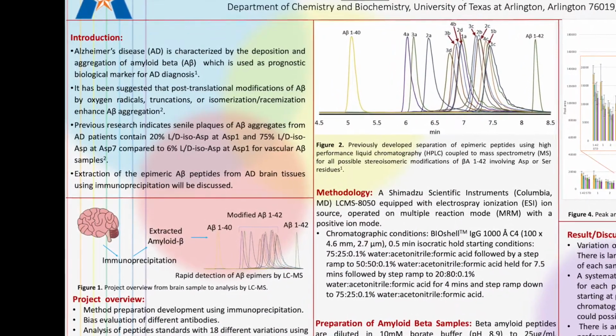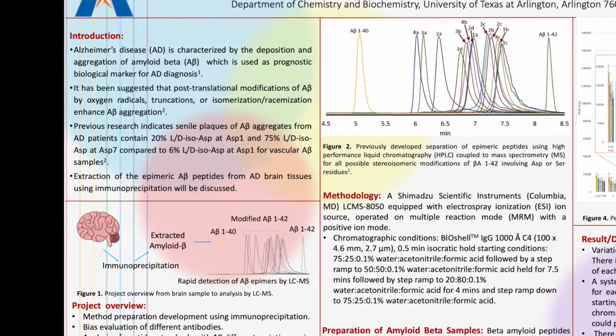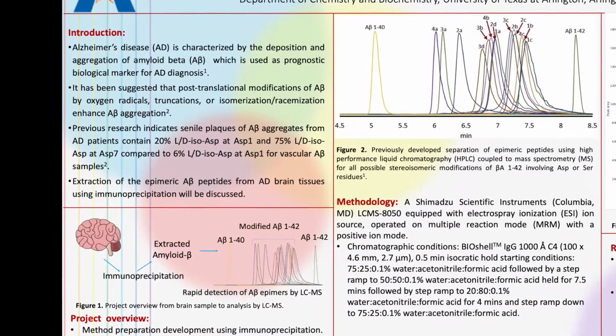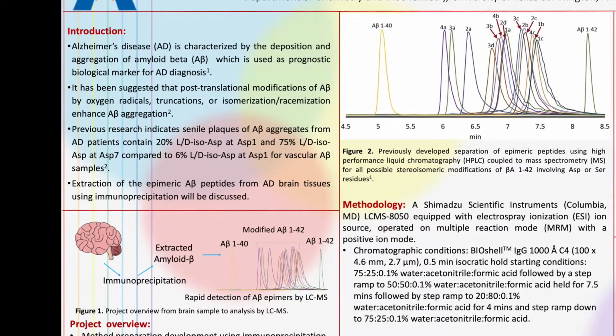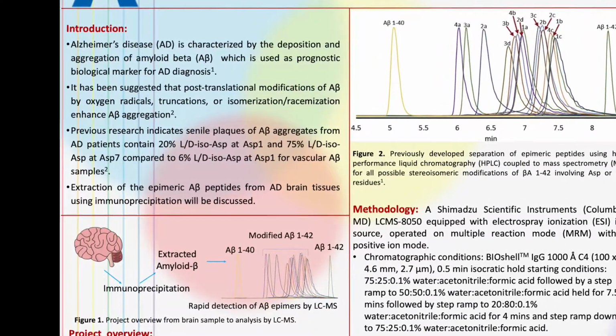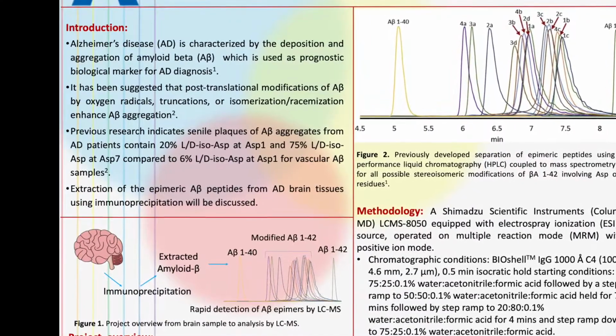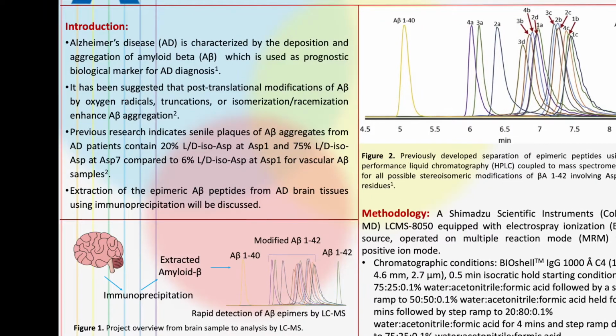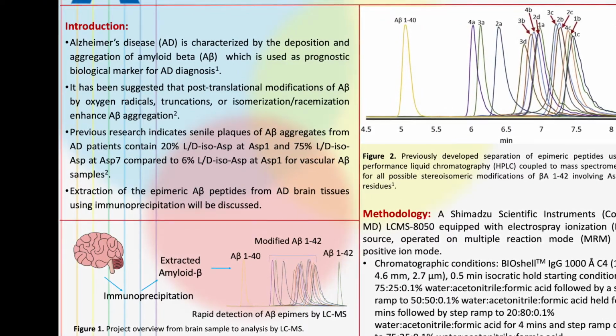While epimeric peptides would differ only at one chiral center from each other. Previous research indicates that senile plaques of amyloid beta aggregates from Alzheimer's disease patients contain 20% isomerization of L to D isoaspartic acid at aspartic 1 residue, while aspartic 7 residue sees a 75% change.